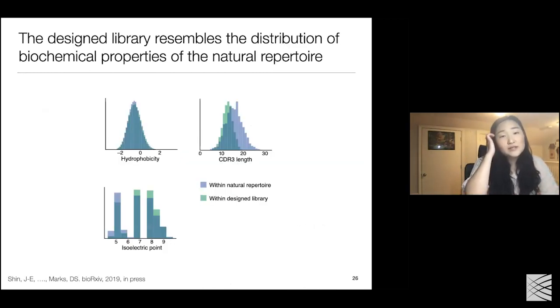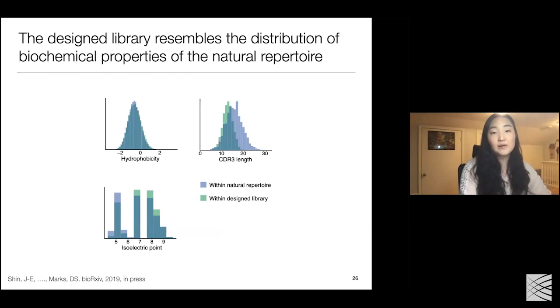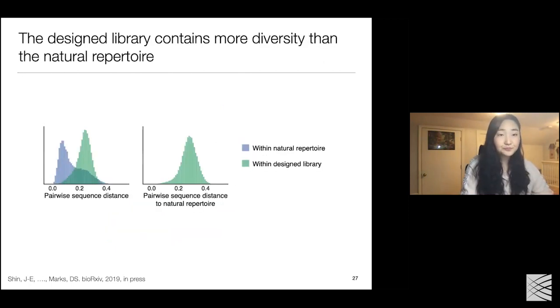And what we saw is that the designed library resembles the distribution of biochemical properties of the natural repertoire. So for hydrophobicity and isoelectric point, the two distributions are very similar, and the designed library relatively resembles the CDR3 length distributions.